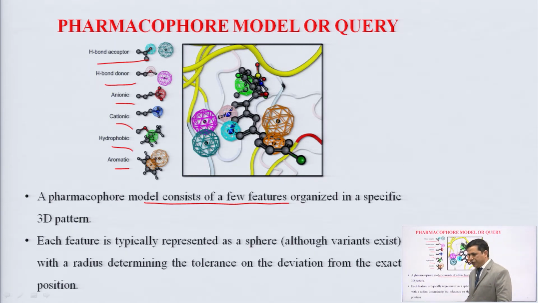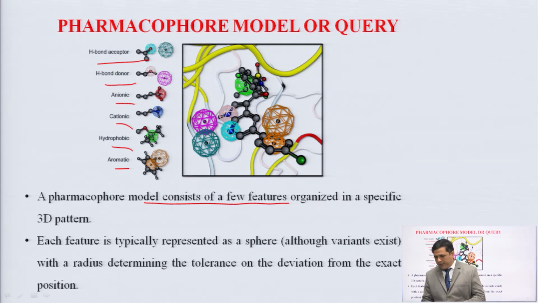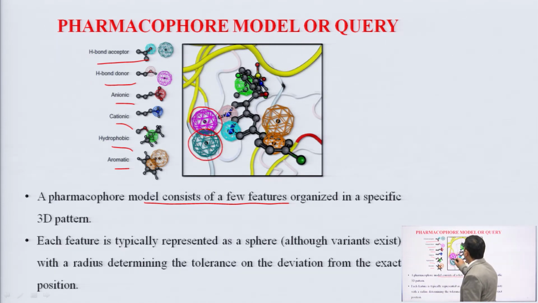Each feature is typically represented as a sphere, with the radius determining the tolerance on the deviation from the exact position. The different spheres have different characteristics present in the ligand.